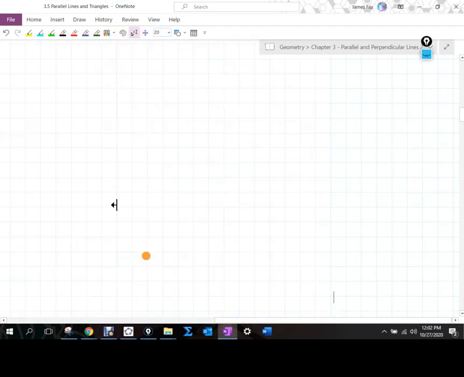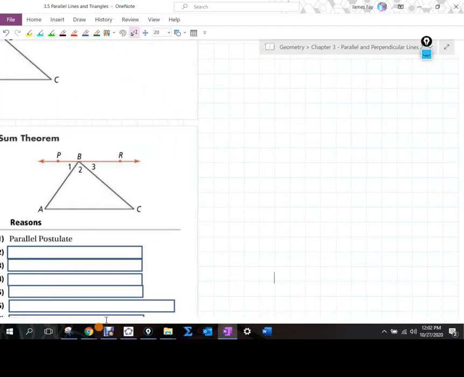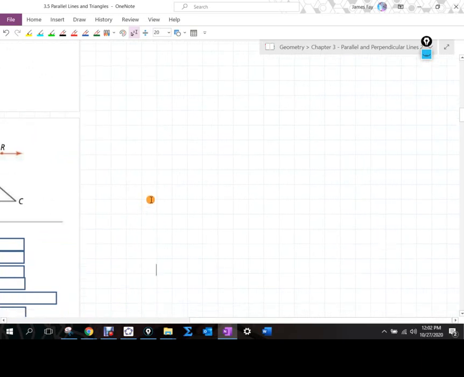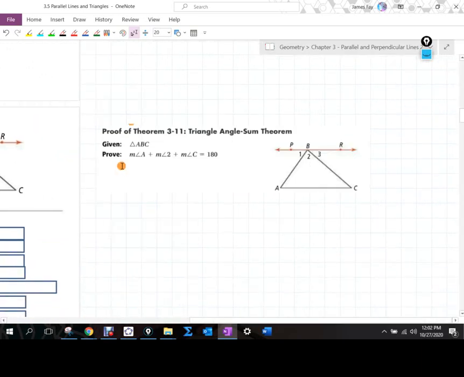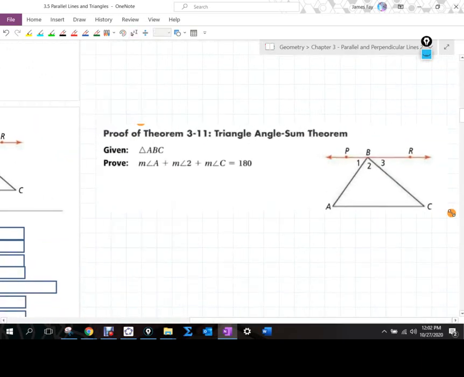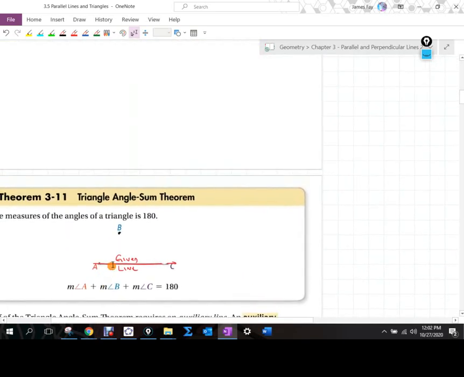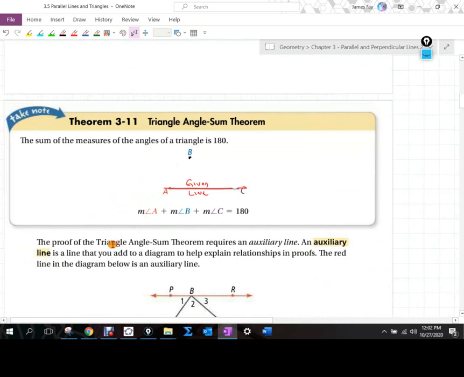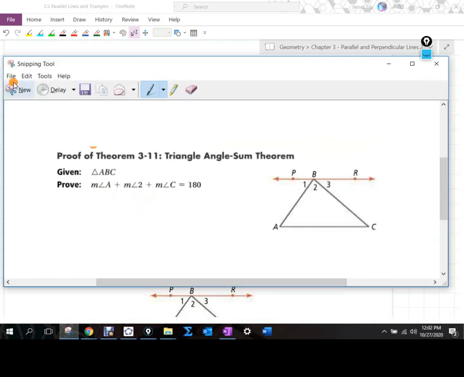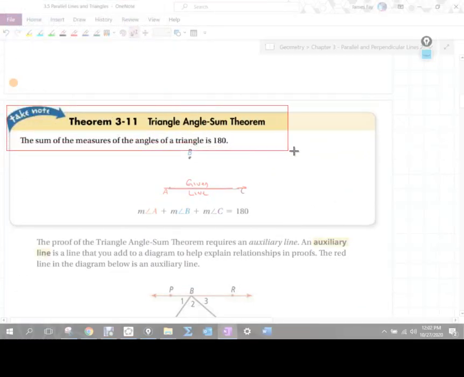This might not match 100%, so if you're using this one in your notes, that's fine. I don't like the way that they set this up in the notes that I've used. I would at least rewrite the statements. You don't have to redraw the picture and all that kind of stuff.